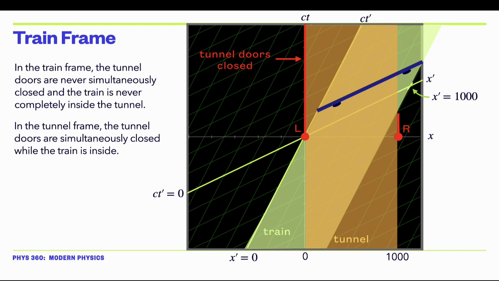People measure time differently, and the closing of the left and the right doors depends on how we're measuring time from the moving reference frame versus the reference frame that's attached to the tunnel. So both perspectives are correct. One observer sees the train completely inside the tunnel with both doors shut. The other person doesn't. That's one of the implications of special relativity, that we have to give up our common sense notion of how space and time work.